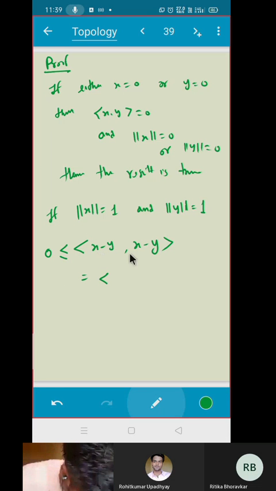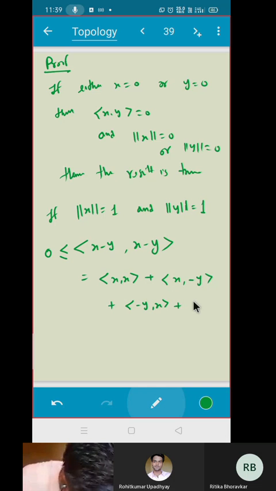This will be, if I take x as it is, x comma x, correct? Plus x comma minus y, plus minus y comma x, plus minus y comma minus y. Do you agree, everyone? Can I write like this?